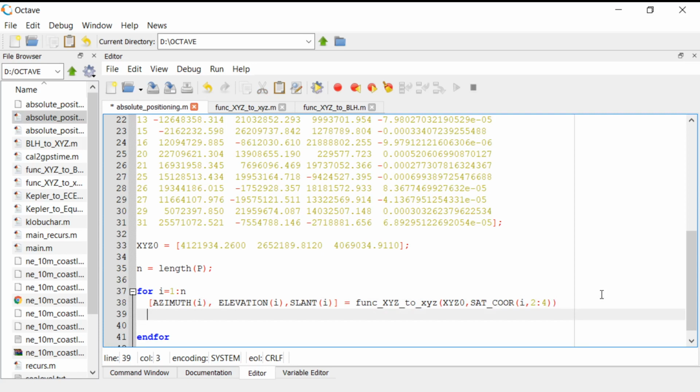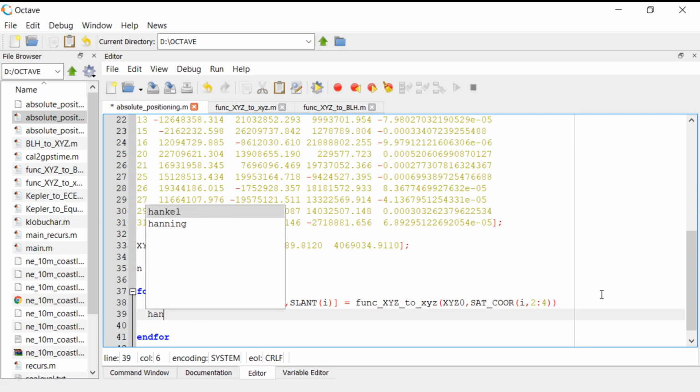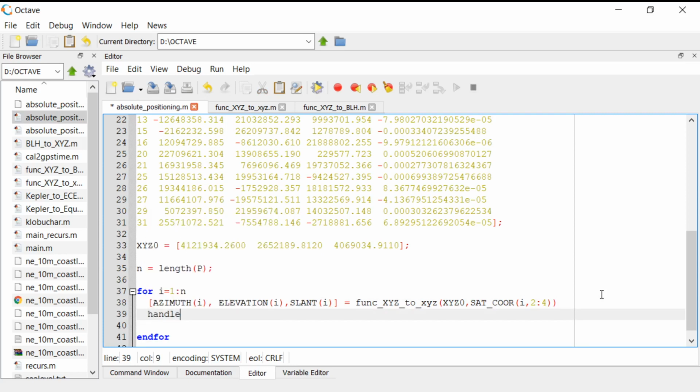Now let's proceed again. We would like to make a plot. For this, I am writing a handle. It is anything, so I'm writing handle. I'm going to produce a polar plot, because with the polar plot you can see on the Earth's surface how the satellites in the sky are distributed.